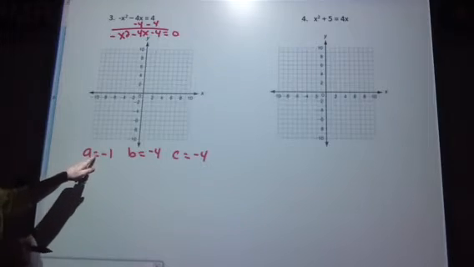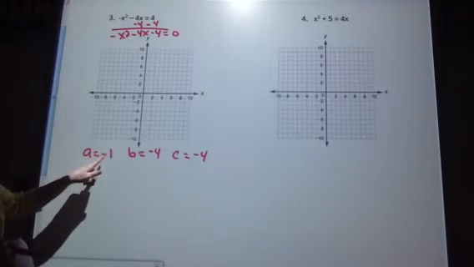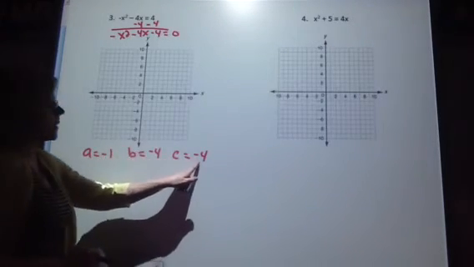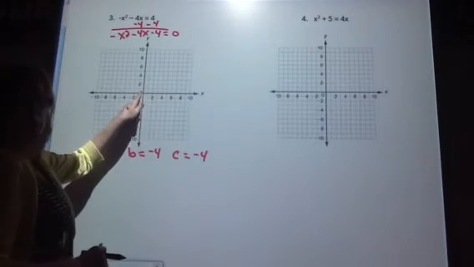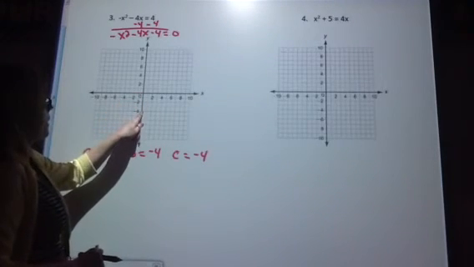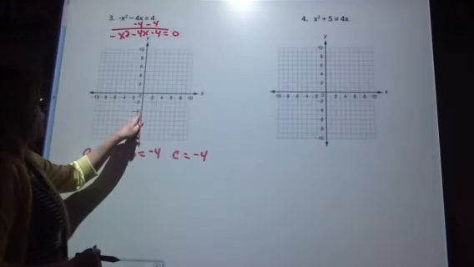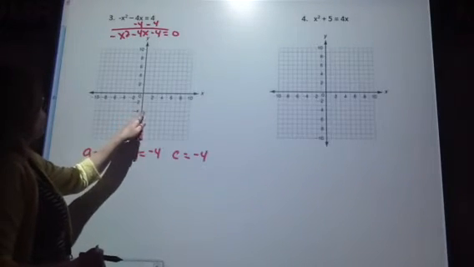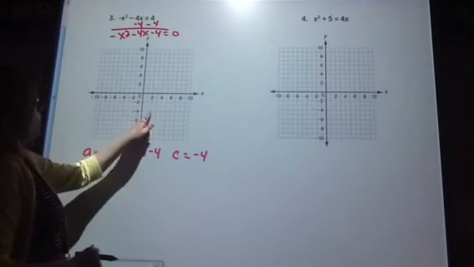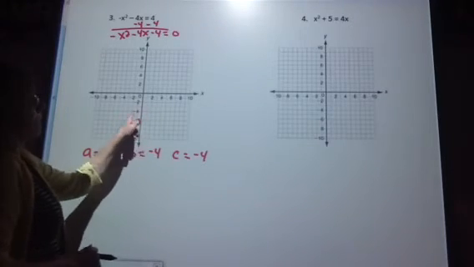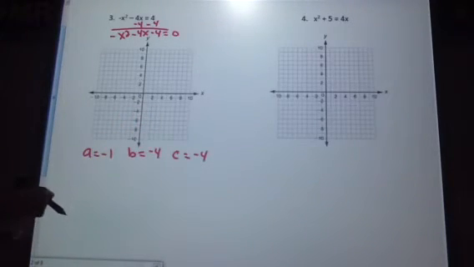Okay? This is going to tell us that the parabola is going to be downward. This is going to tell us that it's going to be a shift from the parent function at 0 at -4. So let's see if our vertex is somewhere with the -4, with y being -4, okay?